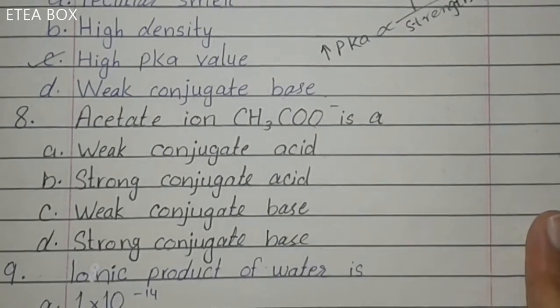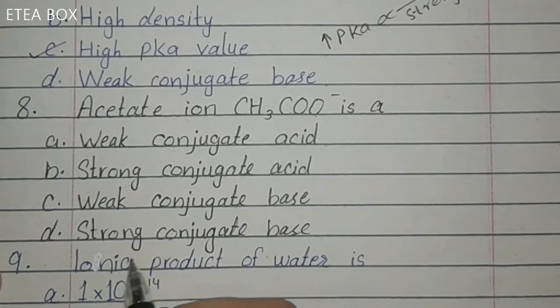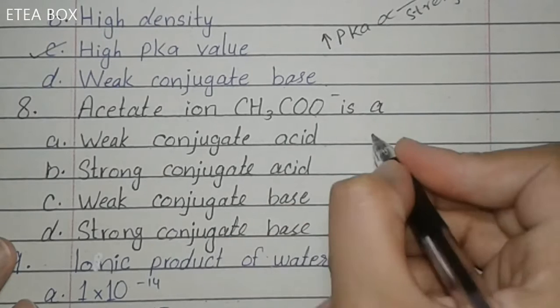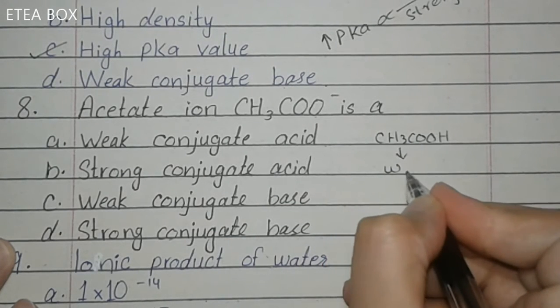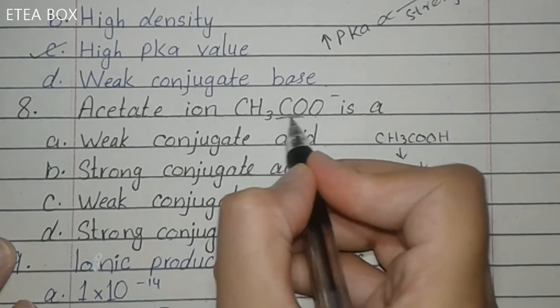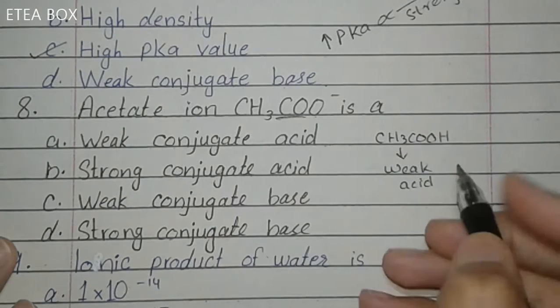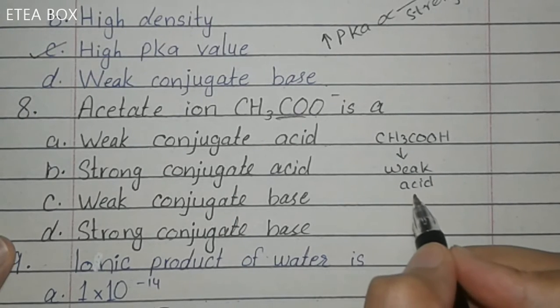Now question 8. Acetate ion, CH3COO minus, is a... Now look here. What is acetate ion? Acetate ion comes from CH3COOH, which is a weak acid. So this ion will be the conjugate base of this acid. And we know that the conjugate base of a weak acid is stronger.